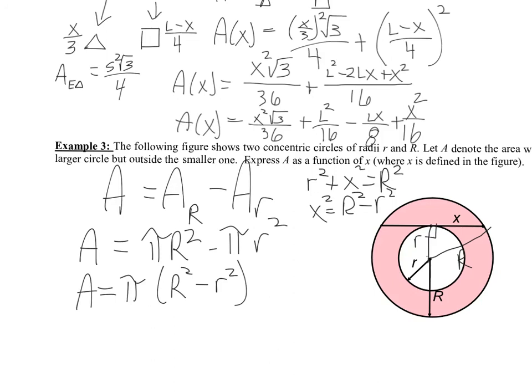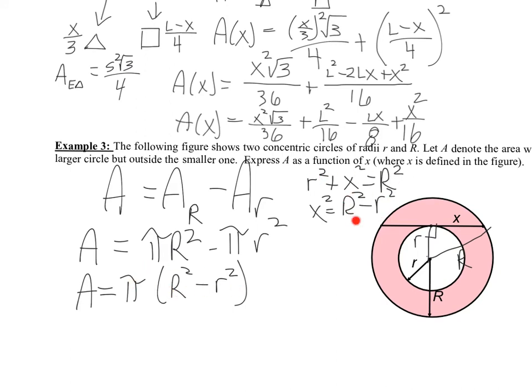Well, what's interesting is I get an R squared and an r squared, so here's the logic other than just trying things. If I have an R squared minus an r squared in this equation right here, you go, well, if I can get that in this equation in terms of x in some capacity, I can substitute it in, rather than for like y. So that's what I did. I saw these pi's in common between those two terms, factored them out, and got R squared minus r squared.